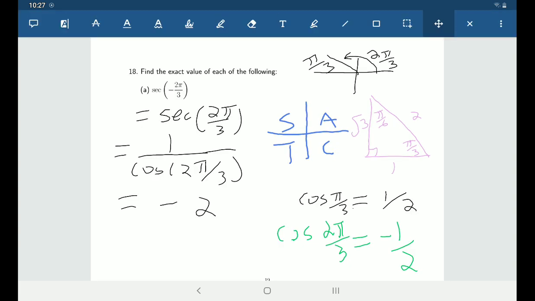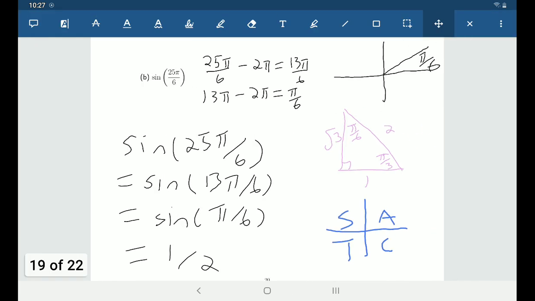All right. Let's do another one. Sine of 25 pi over 6, which if you were turning that into degrees, it's a fairly large angle. And so you know that you need to find a coterminal angle that's a little bit smaller than it. Remember that to do that, we're subtracting full circles. If you're working in degrees, I guess you'd be subtracting multiples of 360, but it's easy enough for me working in radians.